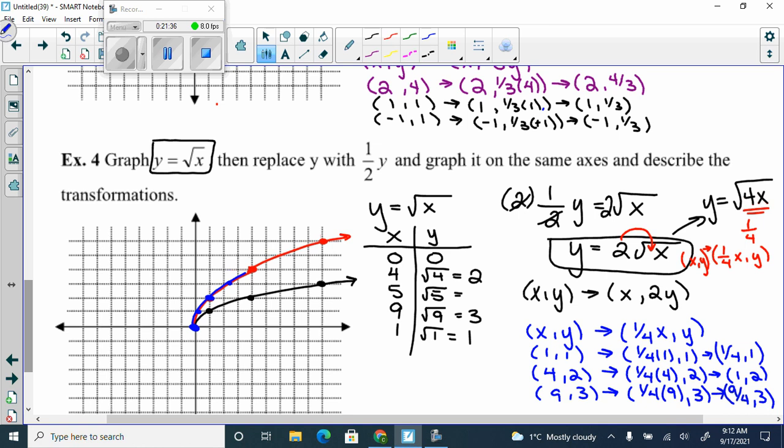Where does the quarter come from? So you haven't learned that, but what I was telling you guys is that when it's with a variable, you're going to flip it. So if we had left the half b on this side with the y, I would say it's a vertical stretch by a factor of 2, because I have to flip it because it's with my variable. We agree? But instead, I multiplied it over and made it be 2 over here so I could see it.